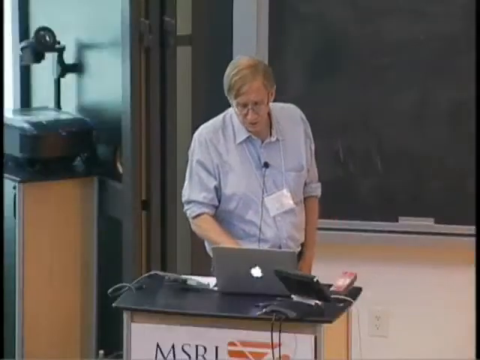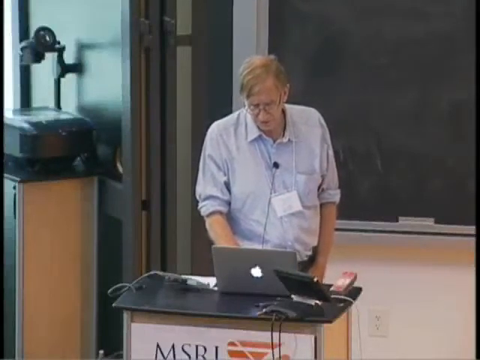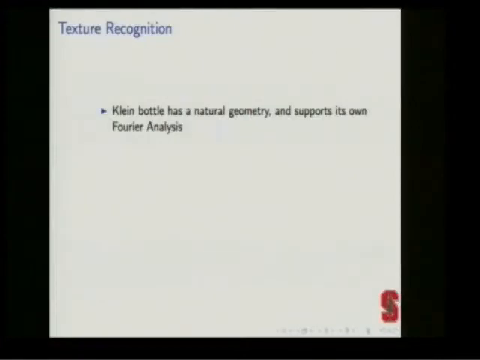And so Jose Perea, a student at Stanford, observed that these distributions that you now get, so each texture patch corresponds to a probability distribution function on the Klein bottle, can be analyzed because the Klein bottle has such very nice geometry to it. You can do Fourier analysis on it very, very easily, right?